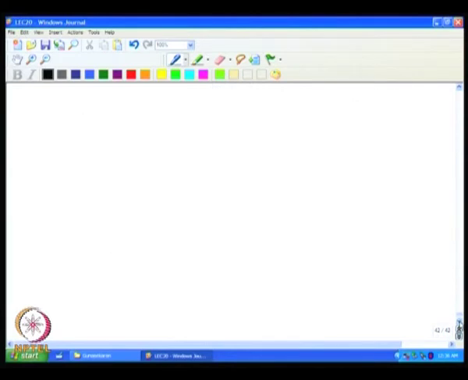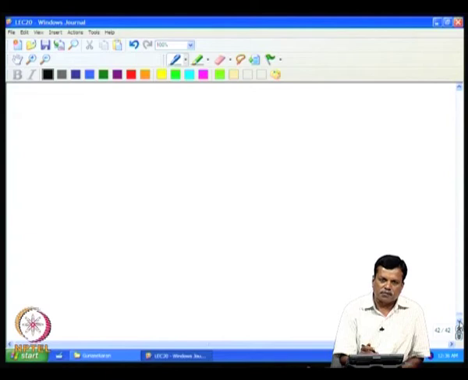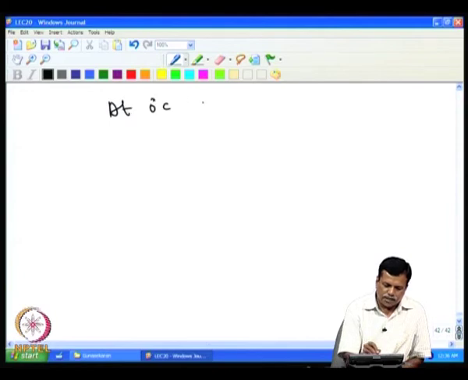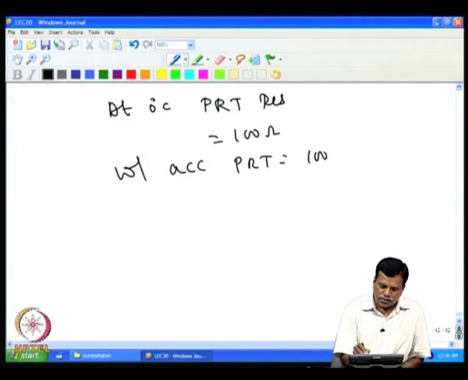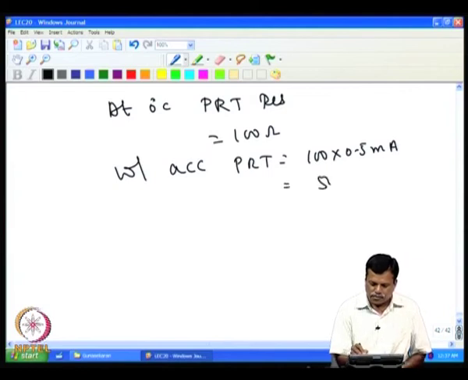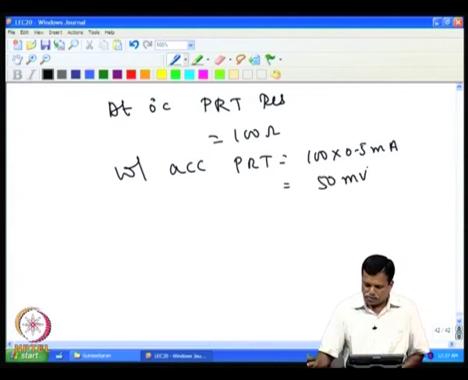Then the voltage across that will become correspondingly more. So, at 0 degree C, PRT resistance is 100 ohms, and then the voltage across PRT will be 100 into 0.5 milliamps, that will be 50 millivolt.